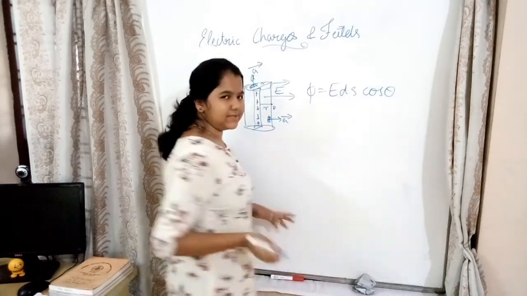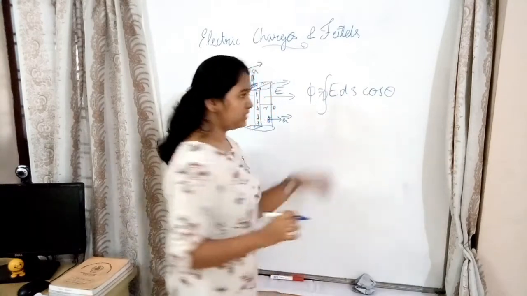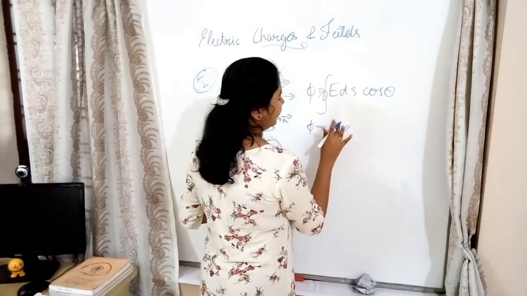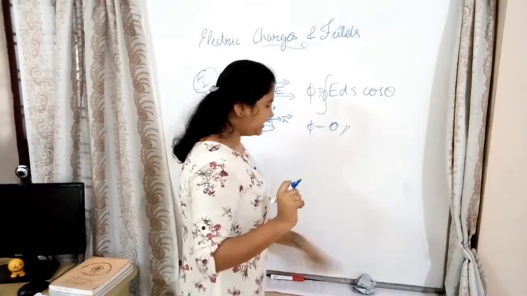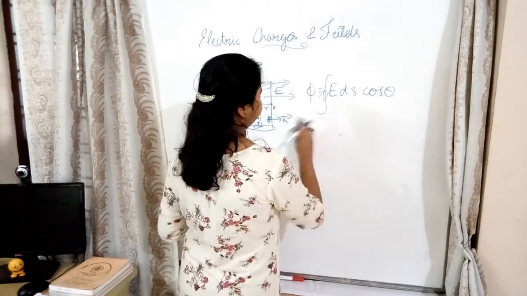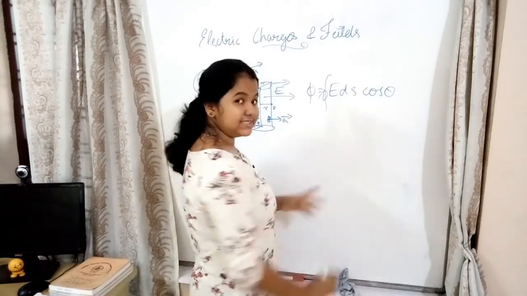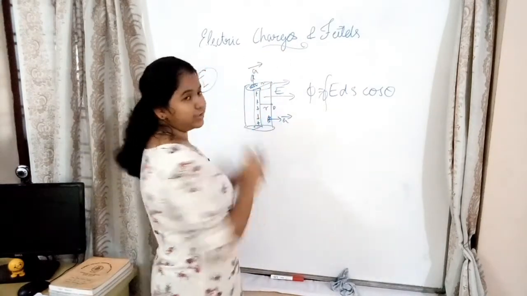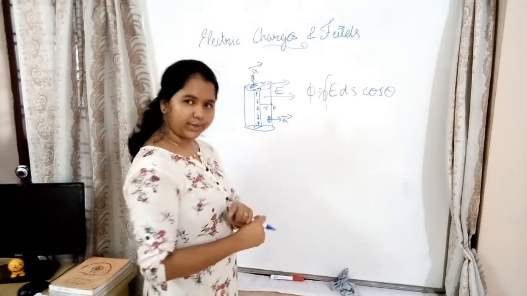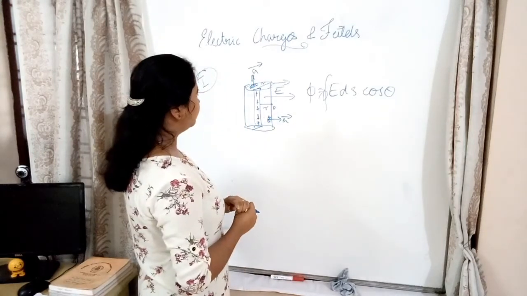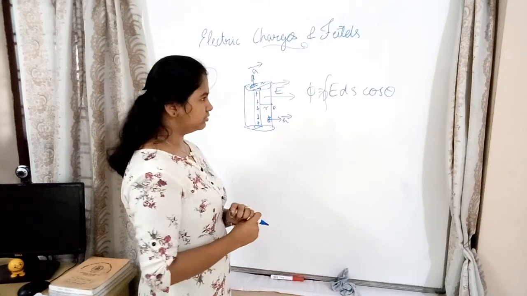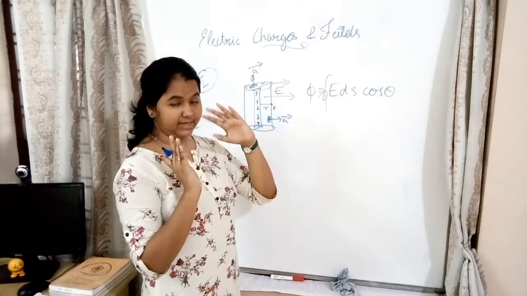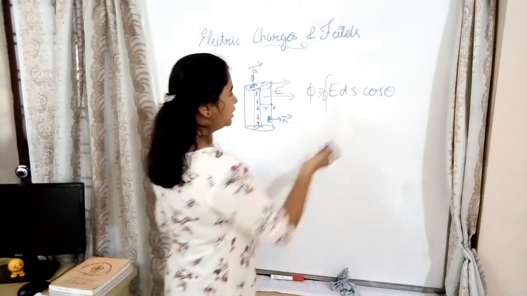Here cos theta is 0 for the end face, that is phi is equal to 0. Why is it 0? Because the area vector and the electric field make an angle of 90 degrees. So that's why this is 0.